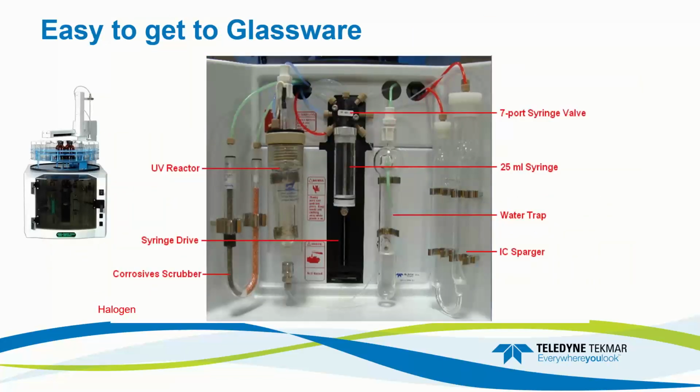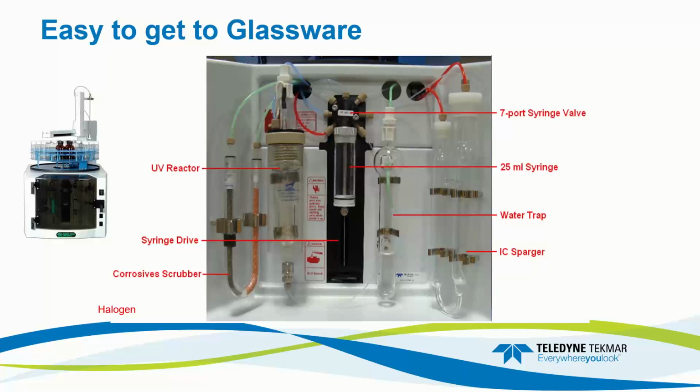Also, we like to show the system itself because sometimes chemists or lab techs like to look at the system from far away and ask, is my system running? How is it doing? What step is it on? What mode is it in? That's why we have all the glassware on the very front of this unit, so you can see exactly everything that's happening within the system.